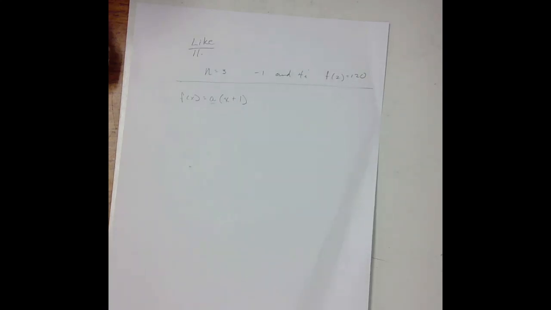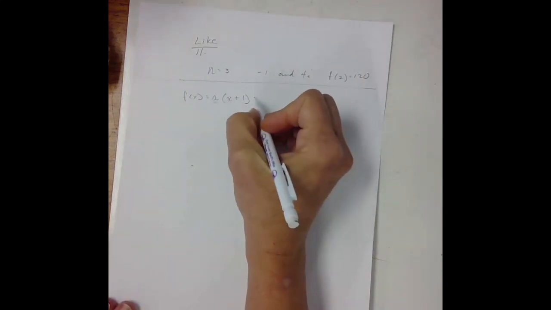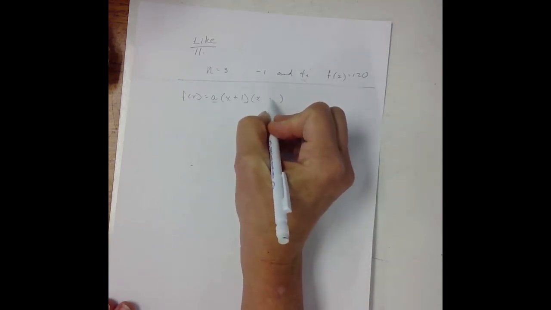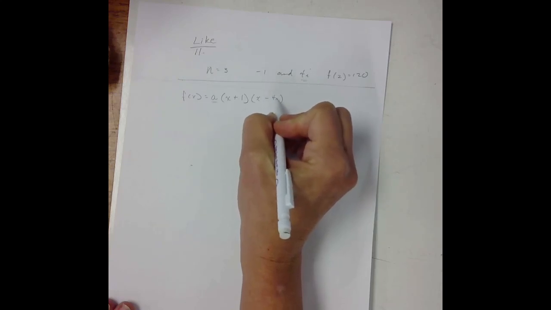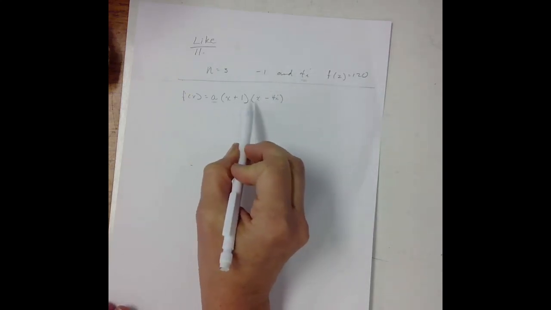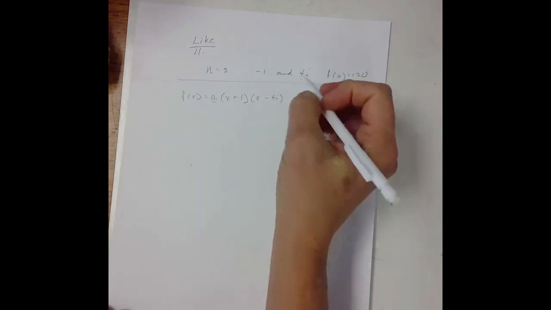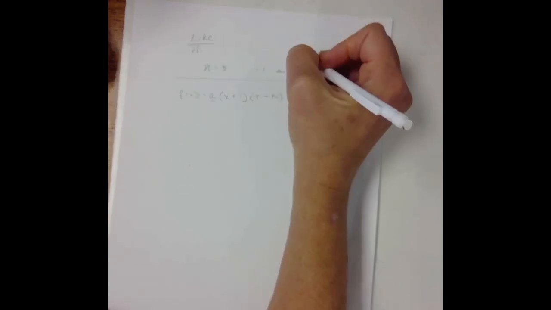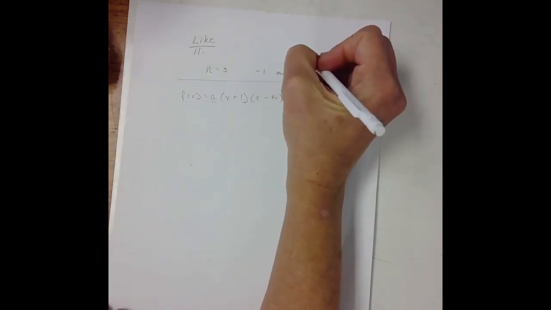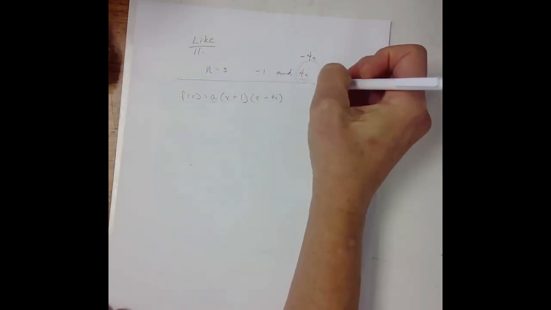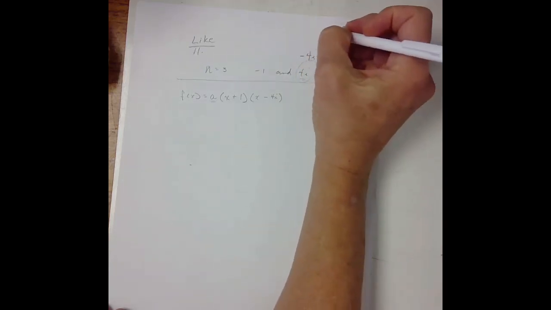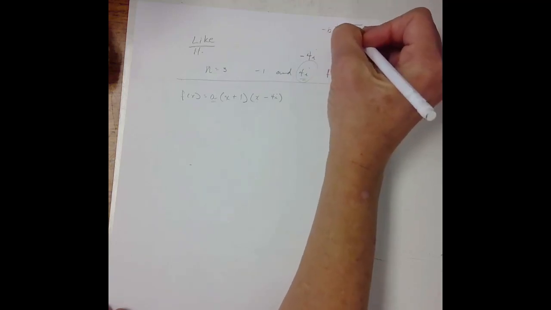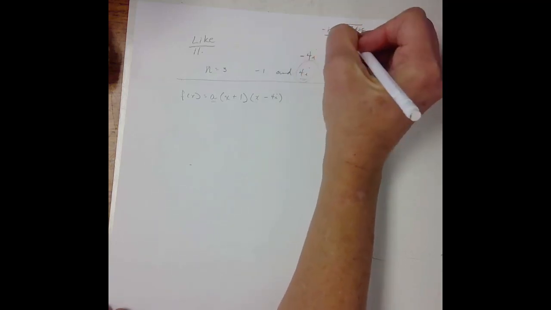Now, I know I'm degree 3, so if I just do this one right here, I would have x minus 4i. But if I multiply this out, then I would have degree 2. If you know that you have a 4i, you also would know that you would have a negative 4i, because when you get this 4i, it comes from minus b plus or minus the square root of b squared minus 4ac all over 2a.